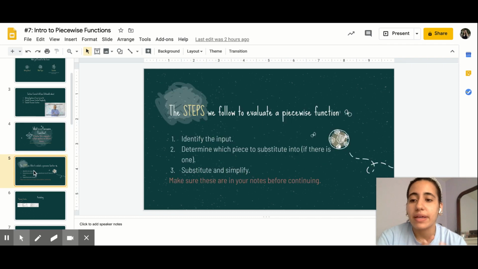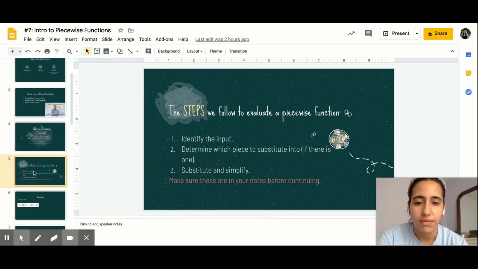There are certain steps that you always follow to evaluate a piecewise function. Step 1, identify the input. Step 2, determine which piece to substitute into. And step 3, substitute and simplify. When you evaluate any function, like f of 6, g of 9, h of 36, you always do steps 1 and 3 anyway.